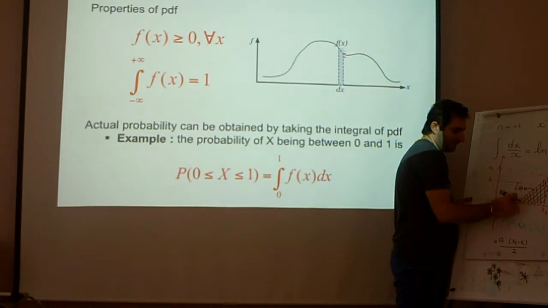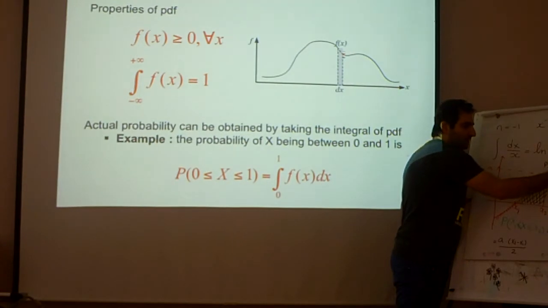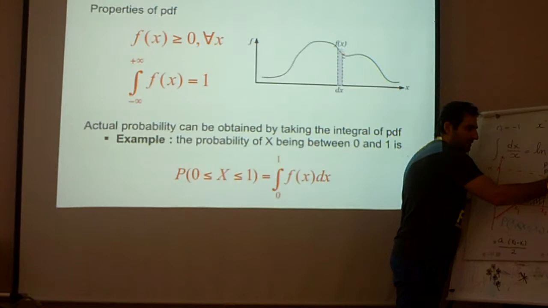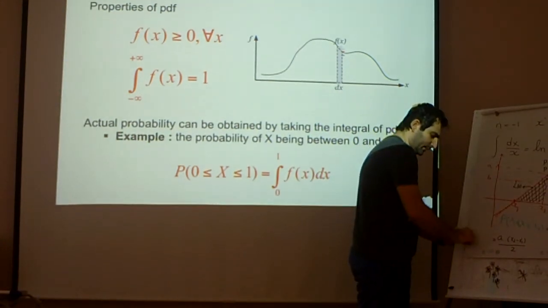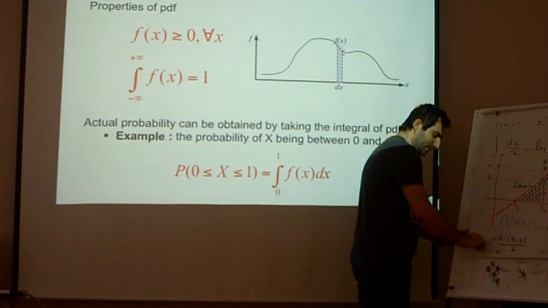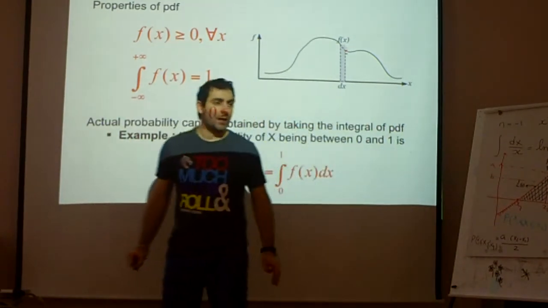Given that the probability of x less than x1 is 0 and the probability of x greater than x4 is also 0, what is the probability of x in between x1 and x4? What is it, Murtaza? 1.